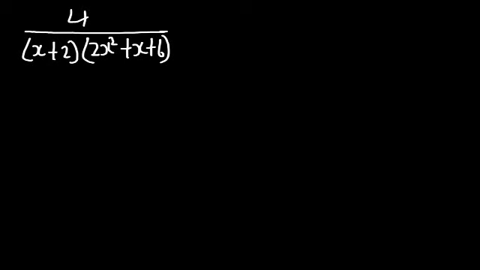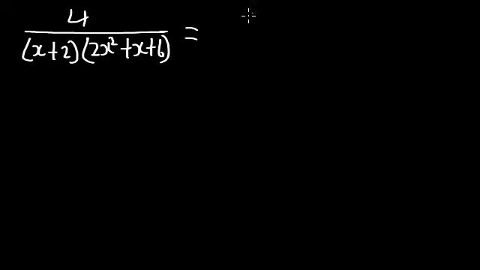First, are we sure that this quadratic expression can't be factorized anymore? Judging by what I'm seeing, it is impossible for me to factorize this. In fact, it has complex roots. If we solve this, I'm very sure it will lead us to complex roots because b squared minus 4ac is negative.